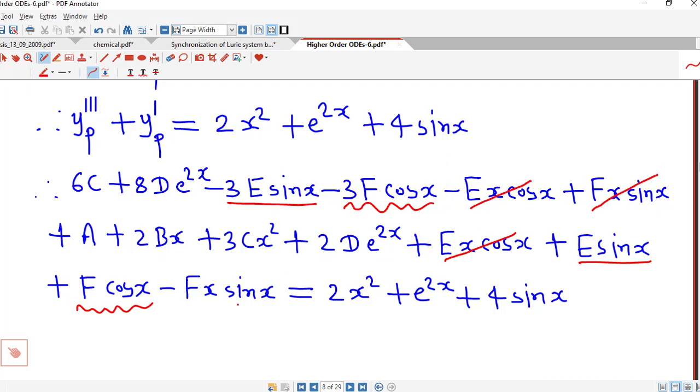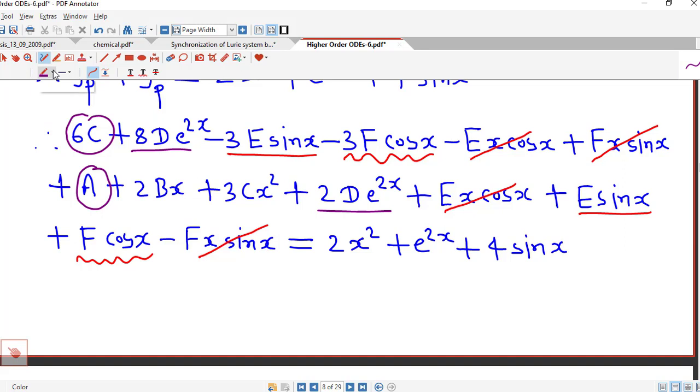Similarly fx sin x minus fx sin x will cancel each other, and we can combine these two, 2d e raised to 2x, and this is constant term 6c plus a. Then this contains x square, 2bx, there is only one term with x. Okay, fine. So we can compare the coefficients on both sides.